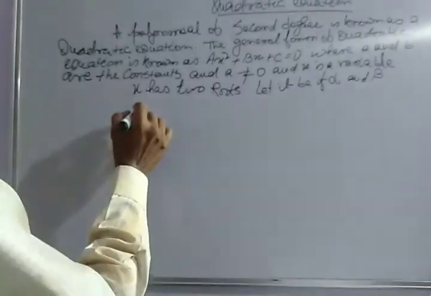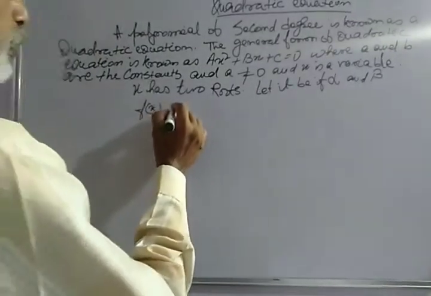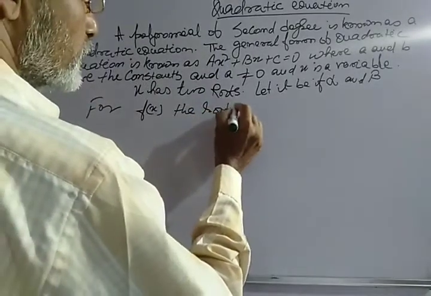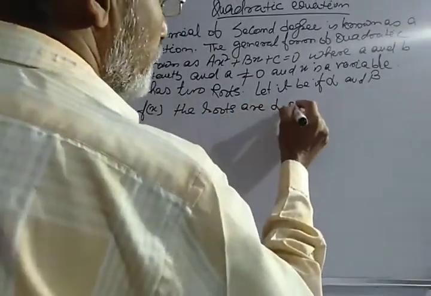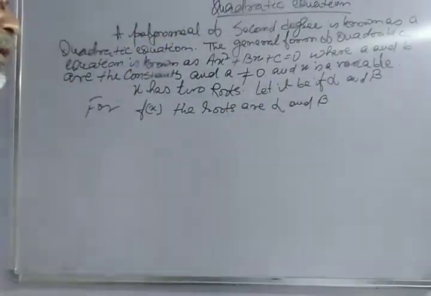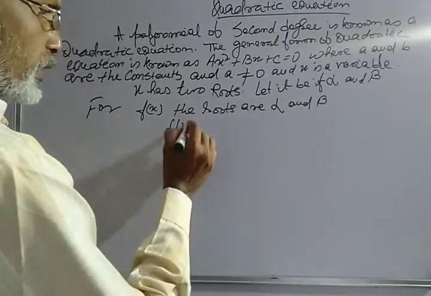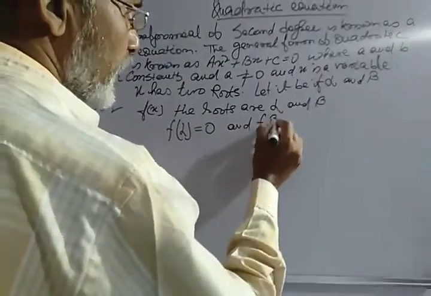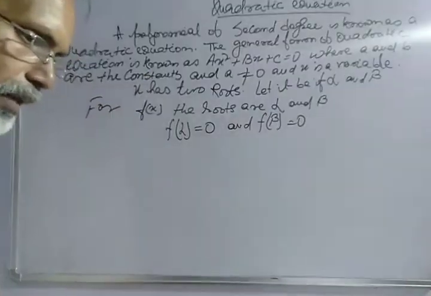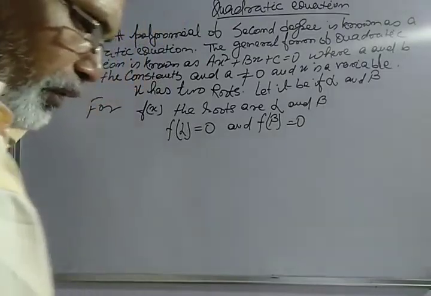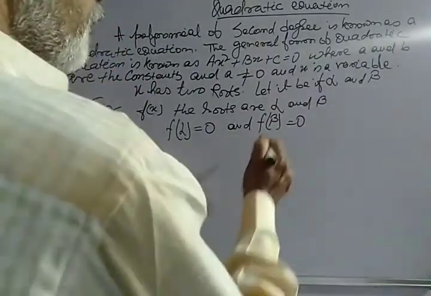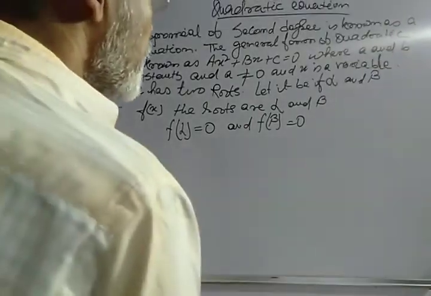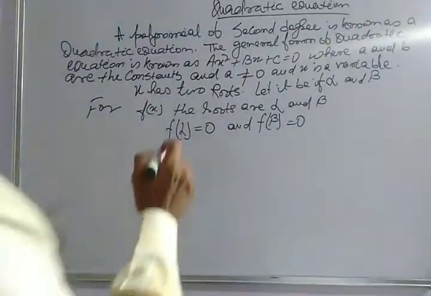If for a quadratic equation f of x the roots are alpha and beta, then f of alpha will be equal to 0 and f of beta will also be equal to 0.